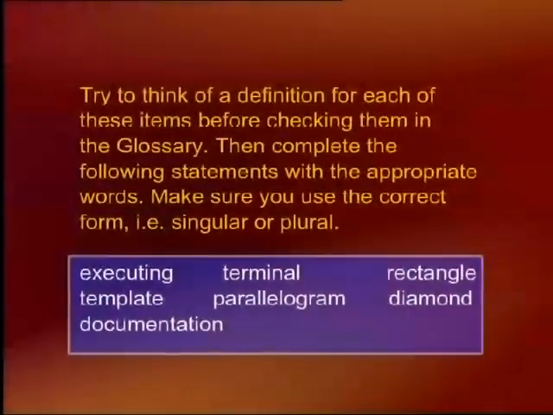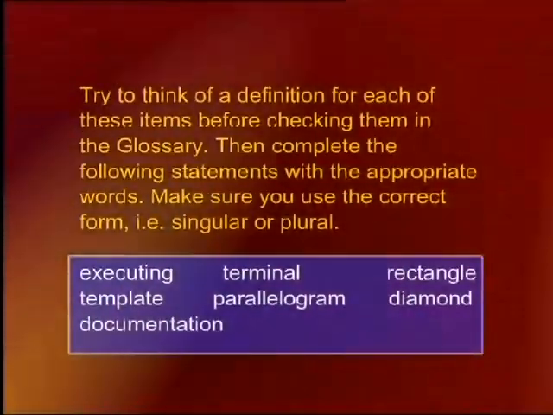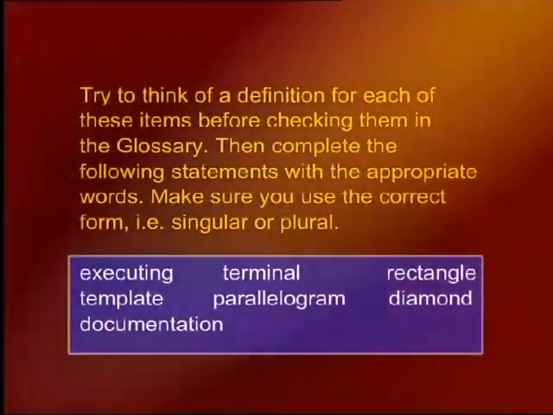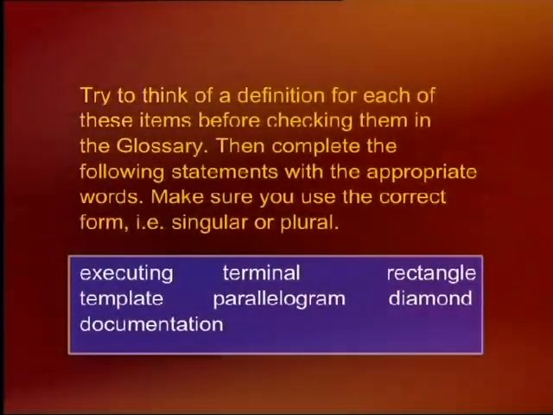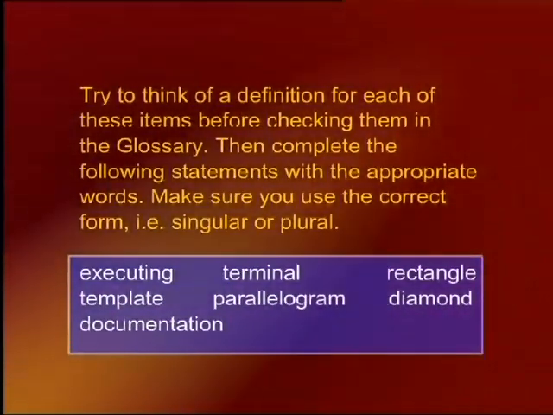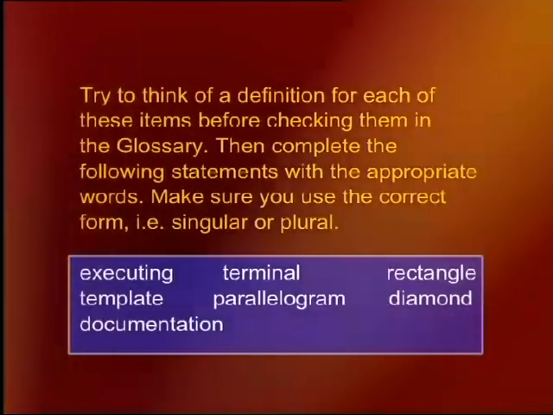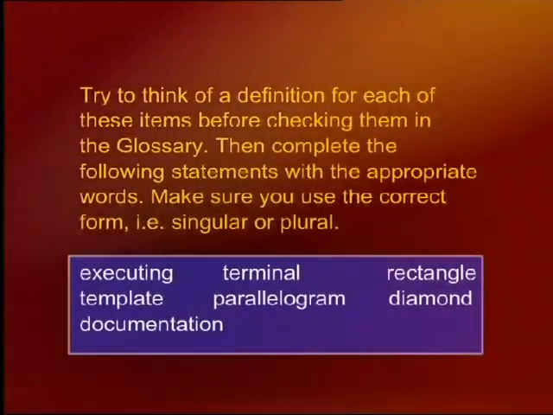next we will review the contents that you read. Now, just try to remember, try to think of a definition for each of these items. You will see in the box, in the word bank.